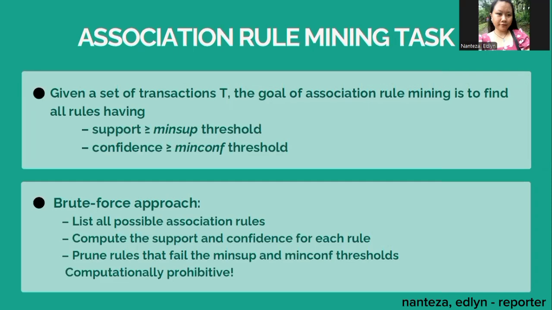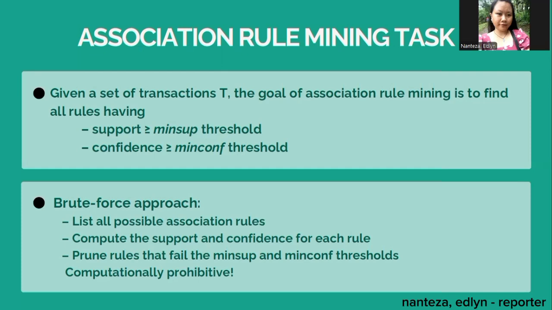Association rule mining task, which involves finding patterns in transaction data. Given a set of transactions T, the goal is to find all association rules that meet certain criteria. Support: the rule must have a support value greater than or equal to a minimum support threshold, minsup.